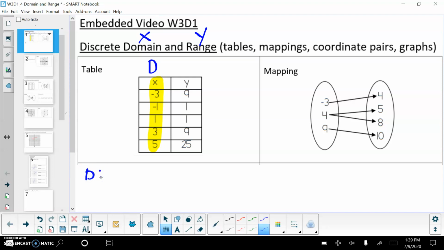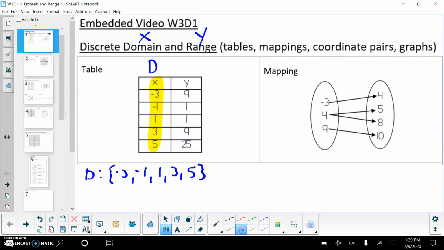The -3, the -1, the 1, the 3, and the 5. Now, since this is discrete, meaning individual values, individual points, we just list those values inside curly brackets and we separate each domain value with a comma. We don't list the points, we list the values, excuse me.